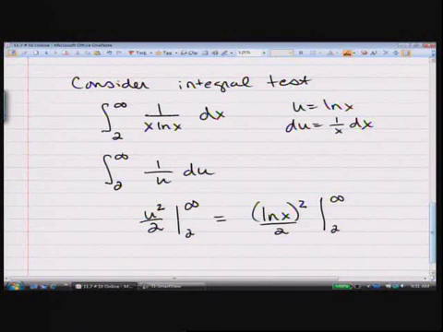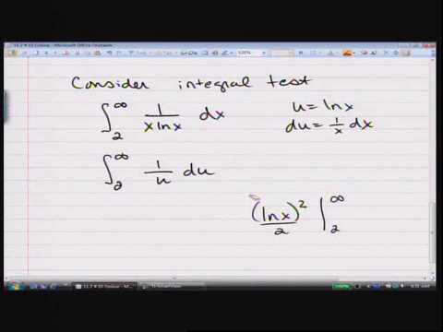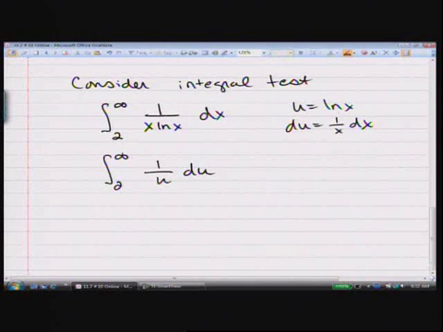They're saying that this converges, but I'm just not seeing it. If I let u equal, no. Du is, golly. All right, this is u to the negative 1, right?